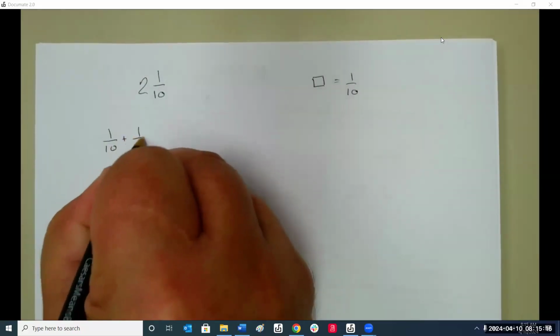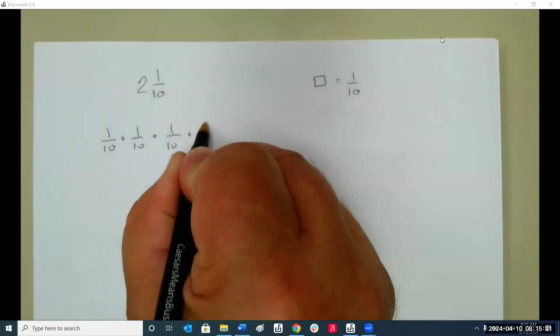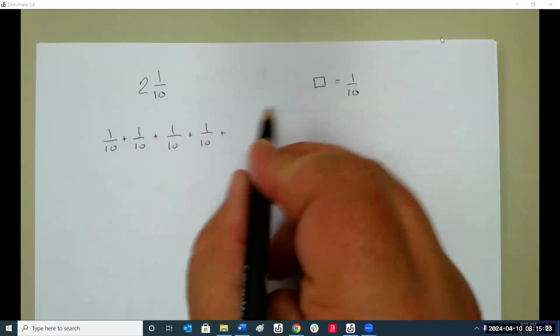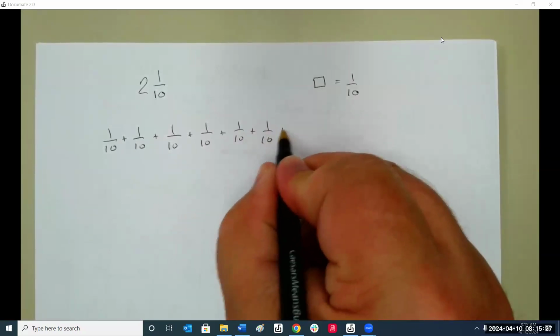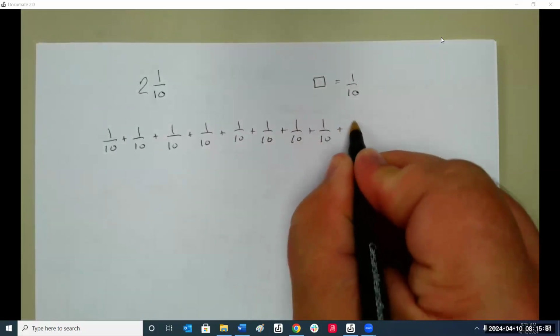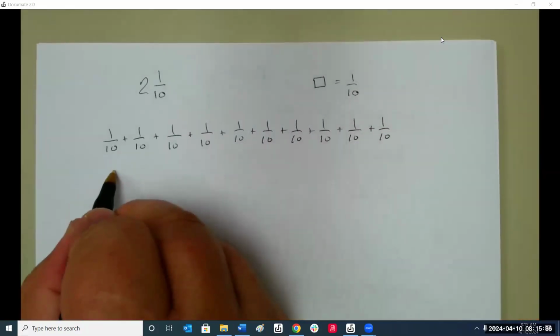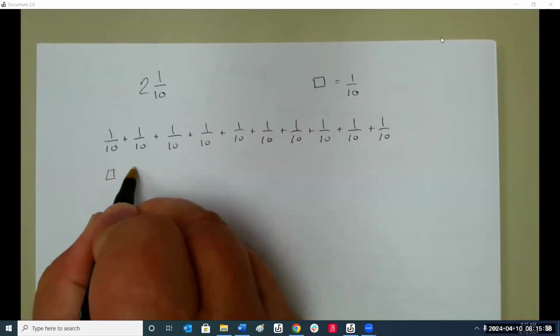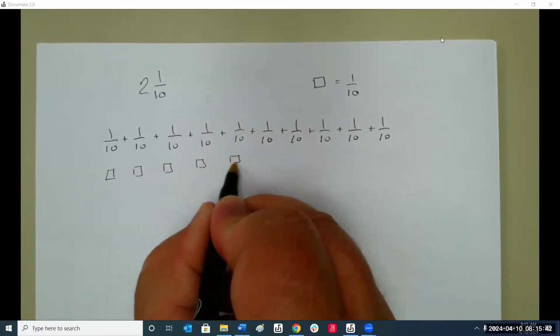If we had 10 of those, 6, 7, 8, 9, 10. So if we had 10 blocks, what would that equal?